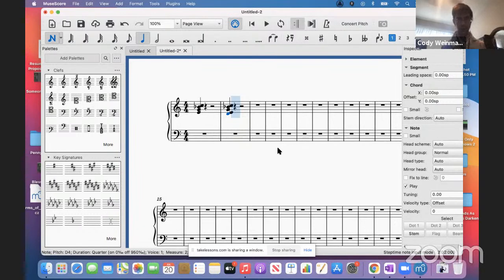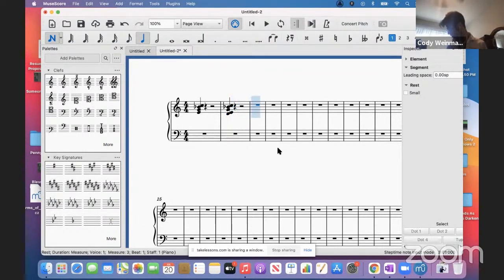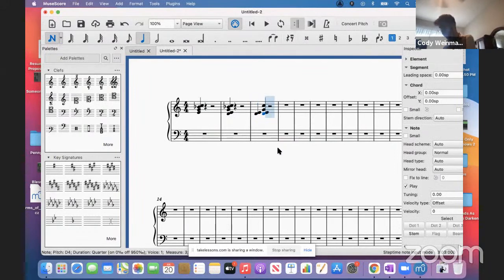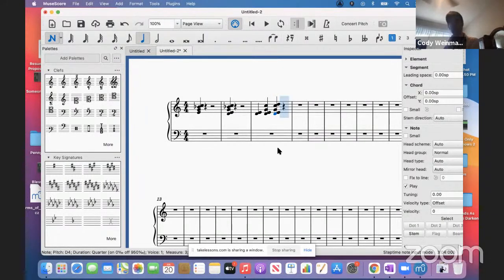Let's say we were to play that, which is kind of difficult, right? This in and of itself would look difficult to play. So if we were to take that B flat out, what else do I have there?